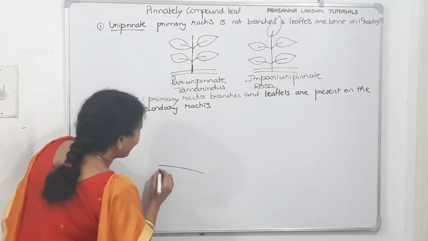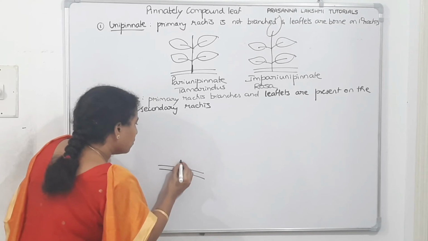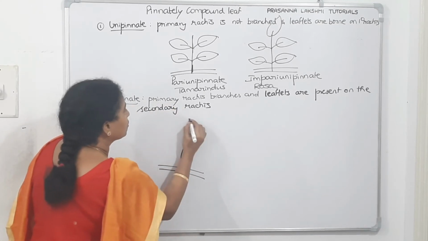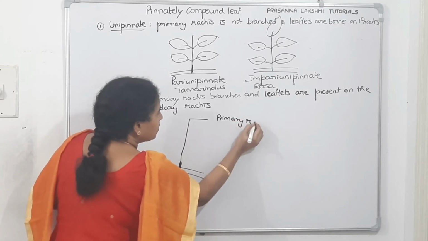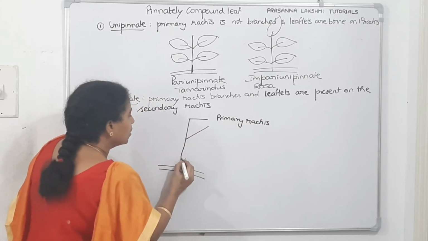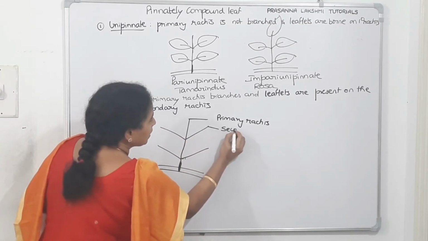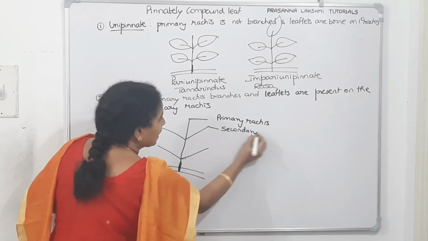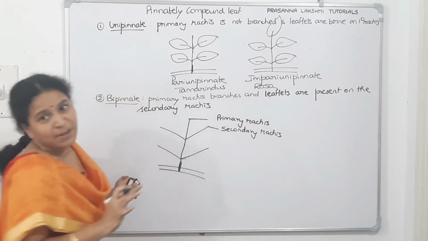For bipinnate, if we have to see, this is the stem, here is the petiole. Petiole extension is primary rachis. So let me write down, this is primary rachis, and we told the primary rachis will branch. So here we go. So these are secondary rachis then. So what did I draw? This is secondary rachis. And what am I telling? On the secondary rachis, leaflets are present.